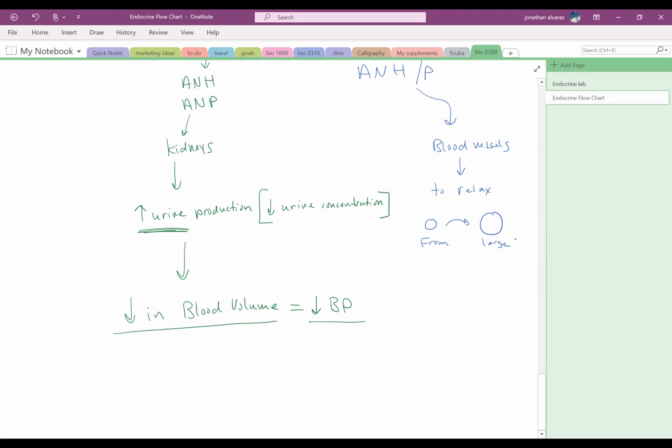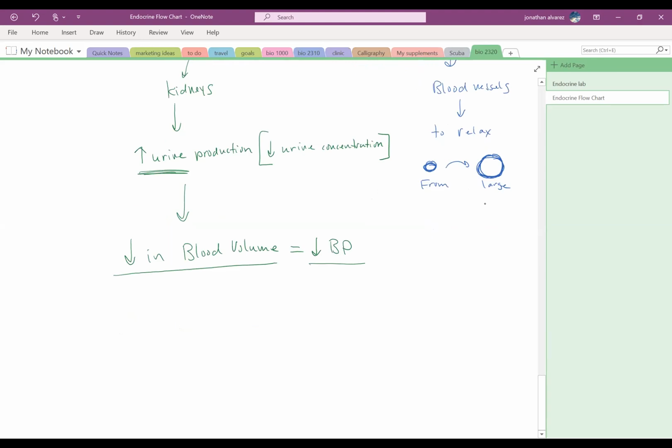They're more relaxed. A big open tube is easier to push fluid through. It takes a lot of pressure to push fluid through a small tube. So the blood vessels relax, and when this happens, it causes a decrease in peripheral resistance.